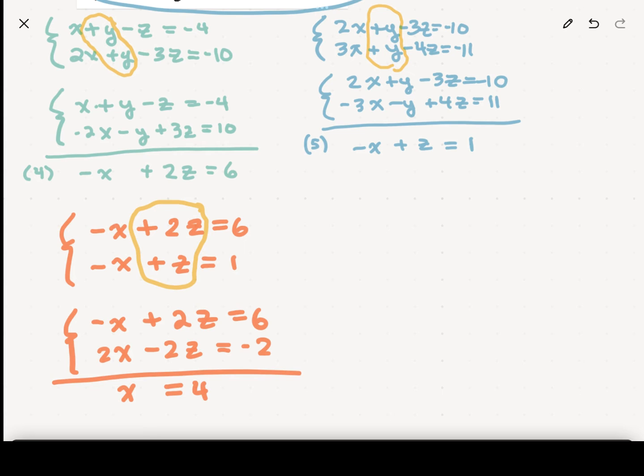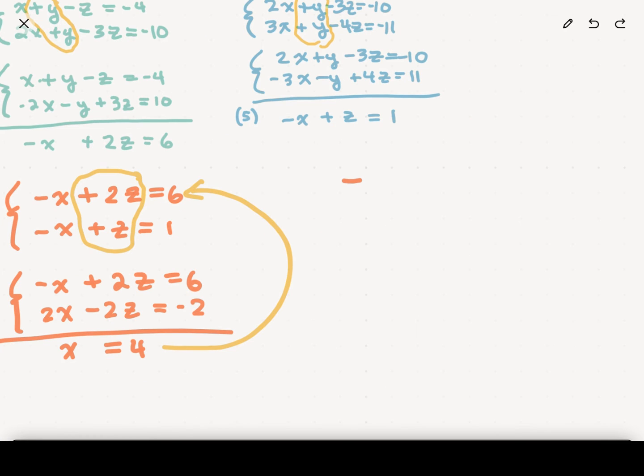I now have an answer for x. Now I'm going to plug that into one of these two equations. I'll just choose the first one. So I have negative 4 plus 2z equals 6.